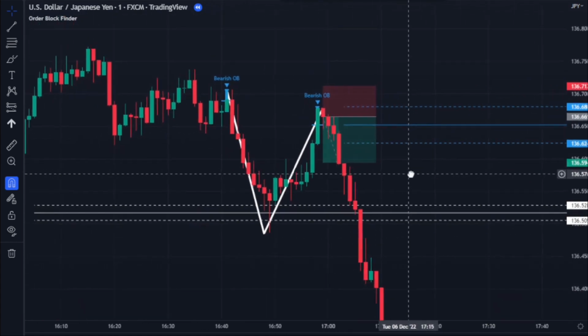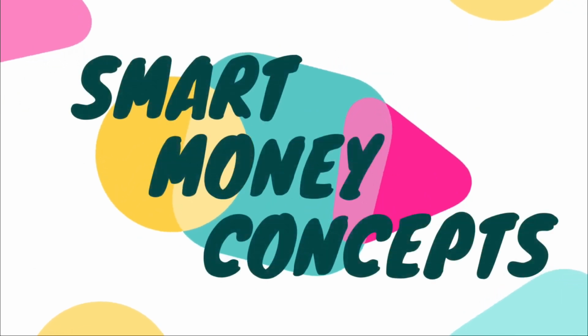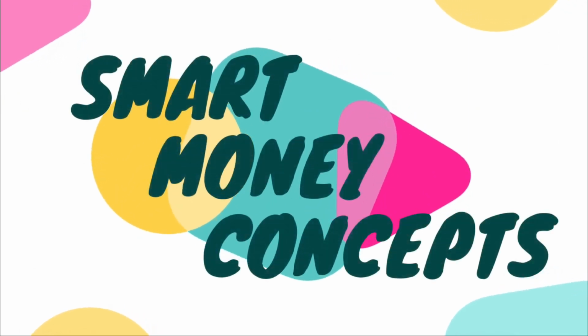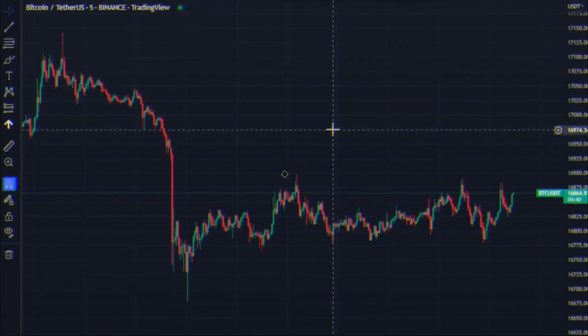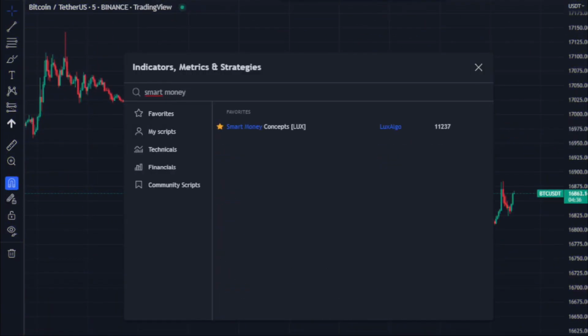Okay, I'm glad you understand so far how to take trades with fair value gaps and order blocks in a simple and effective way. Now we will see the best indicator to take trades with smart money concepts. So let's add this indicator called Smart Money Concepts, created by LuxAlgo.